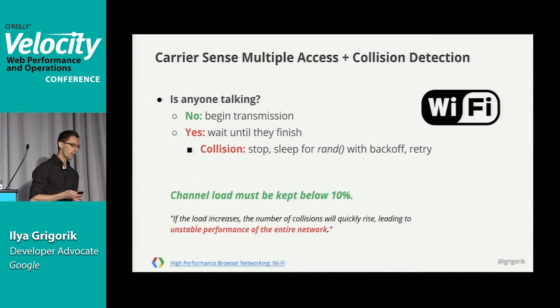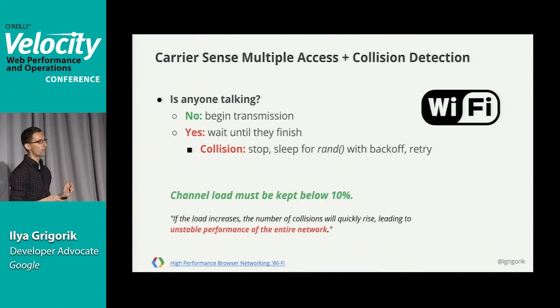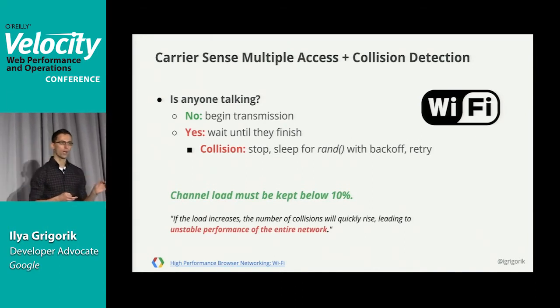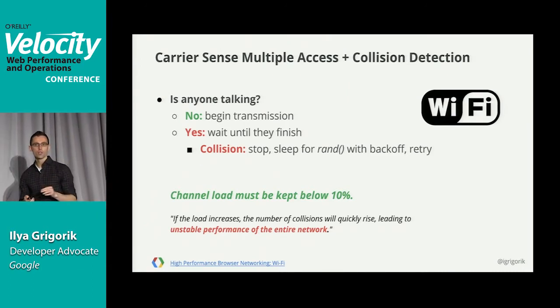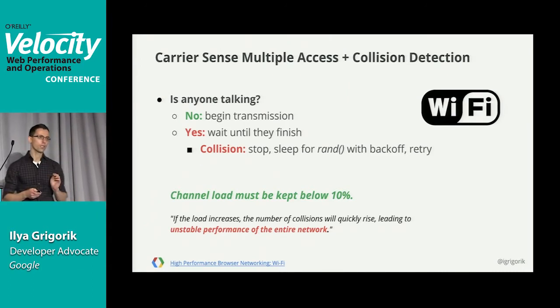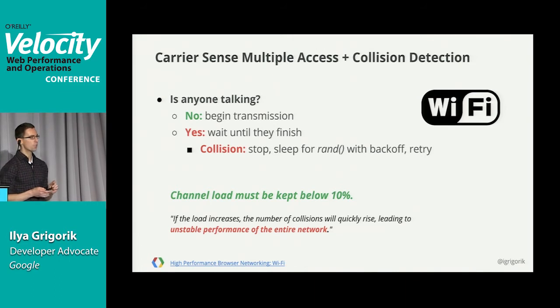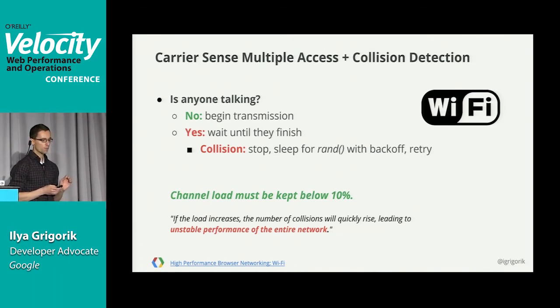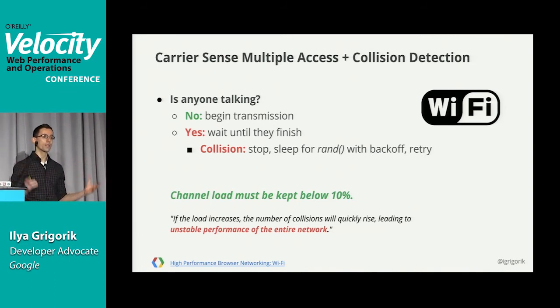And the thing is, you can actually prove that in order for a Wi-Fi network to work well, as in to have fairly good transmission rate and good utilization, there can't be a lot of activity on the network, right? So the channel load, or the amount of activity on the network, needs to be below about 10%.